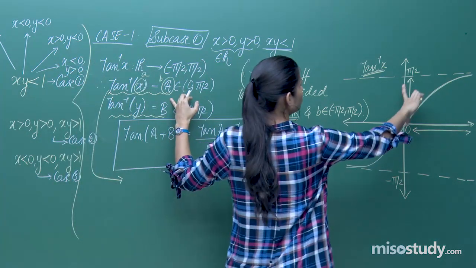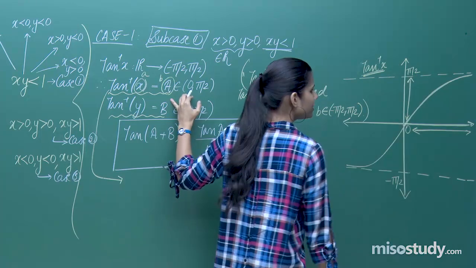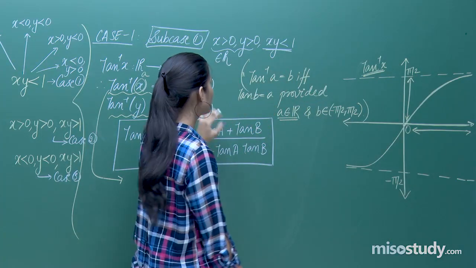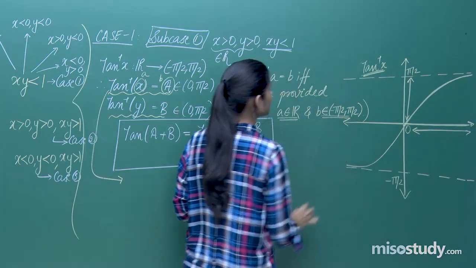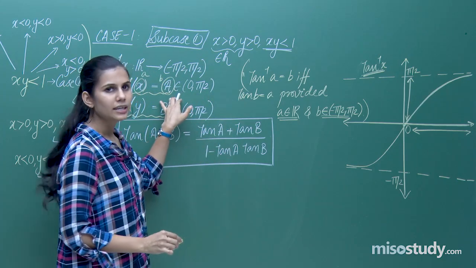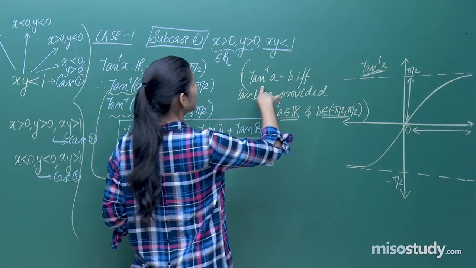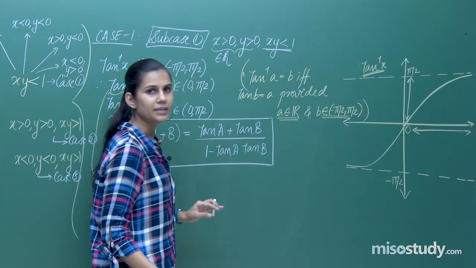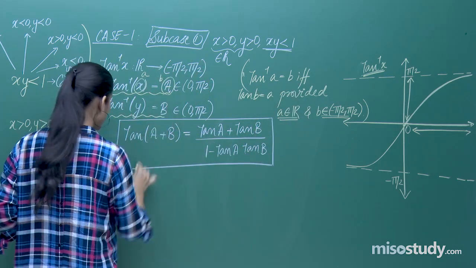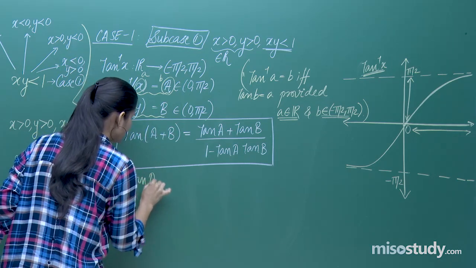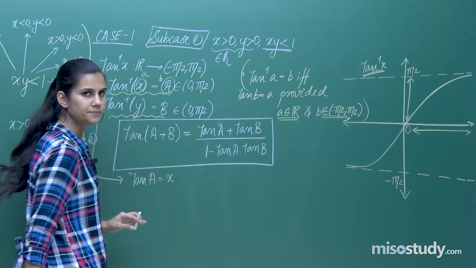0 comma pi by 2 is obviously a part of minus pi by 2 to pi by 2, and therefore b is definitely coming from minus pi by 2 to pi by 2, and therefore I can write tan inverse a equals b as tan b equals a. This implies tan of capital A equals x.